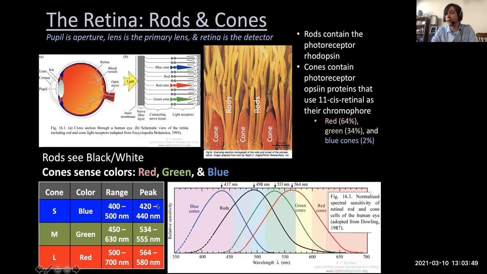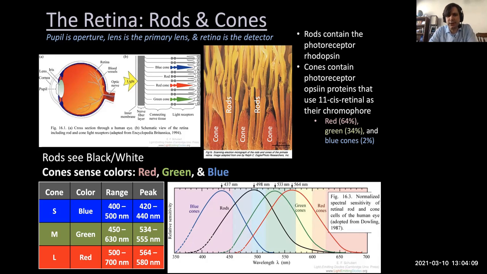And they can detect photons over a range of wavelengths. And that's what this is showing right over here. So here we have the wavelength on the x-axis, and then how sensitive it is to detecting that photon. So if you send out 100 photons, how many of those photons would actually be detected?